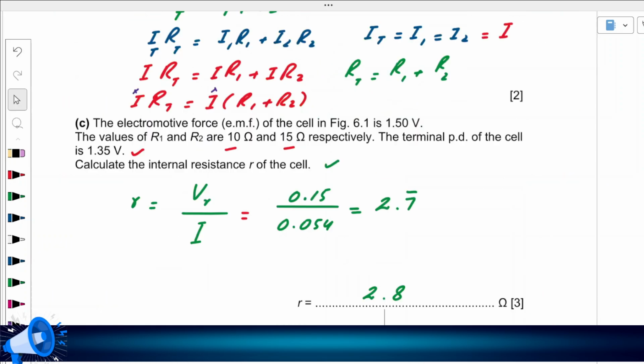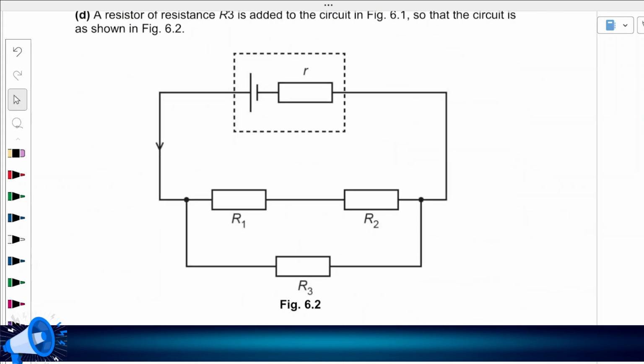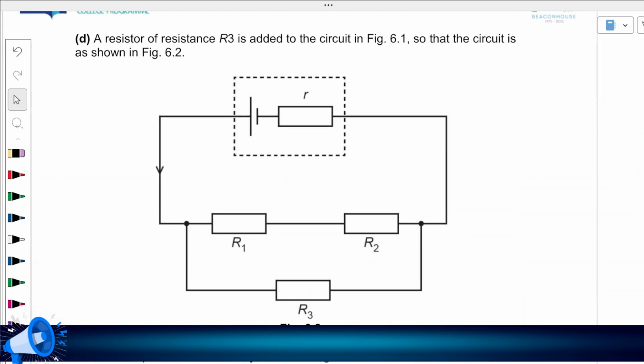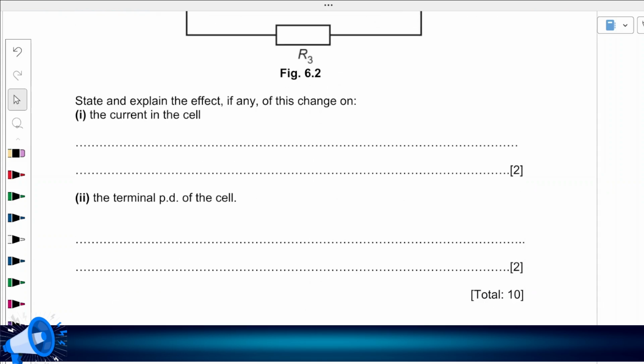Okay, now I can see they have added another resistor R3 in parallel with the first two. State and explain the effect, if any, of this change on the current in the cell. If you add a resistor in parallel, the total resistance decreases, hence the current in the circuit would increase.